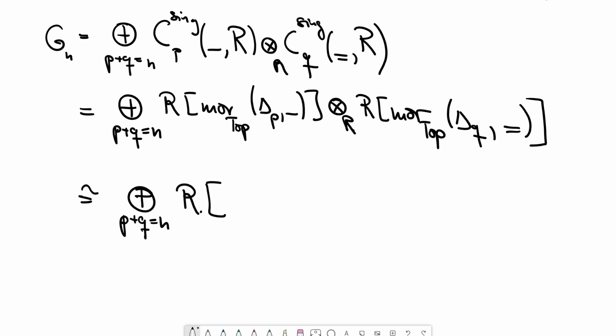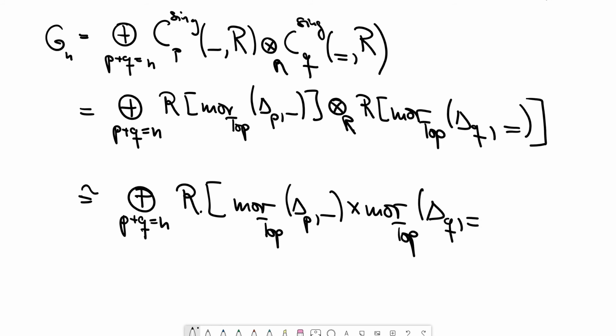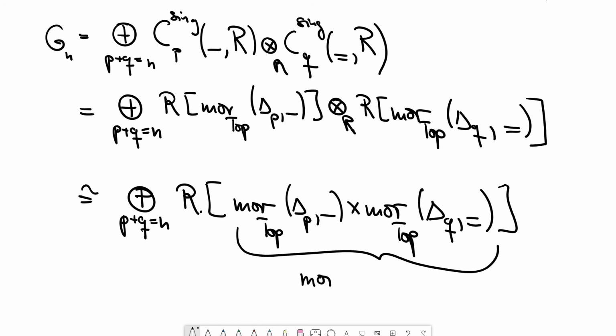So that's, in a natural way, the same. And now I want to give you an interpretation in terms of the category C. So what is this thing here between the brackets? Well, this is nothing else than Mor_C(delta P times delta Q).